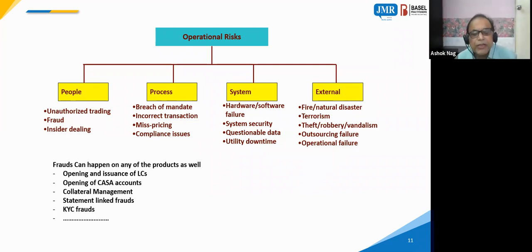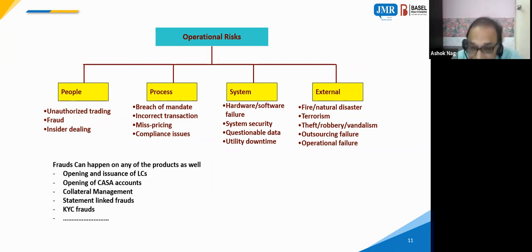So whenever these kinds of events happen, people failure, process failure, system failure, even external fraud, they need not be independent of each other. There may be confounding, and we have to know which is more important. People failure is like unauthorized trading, fraud, insider dealing.